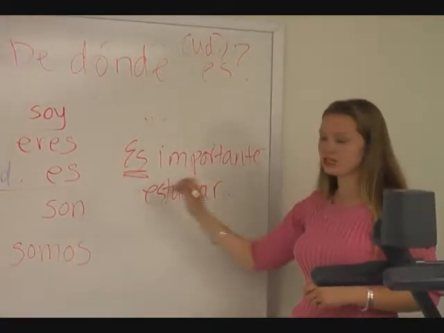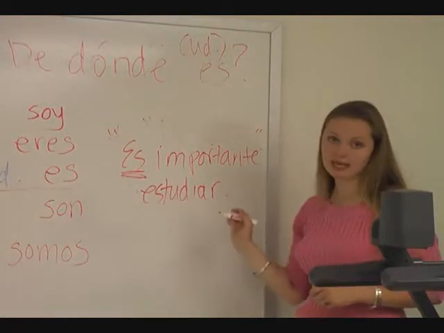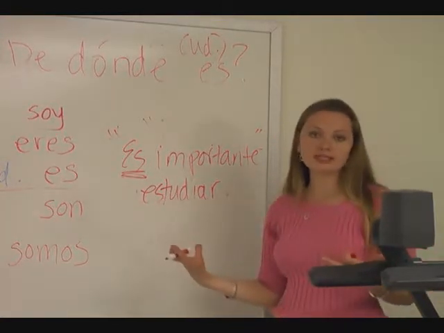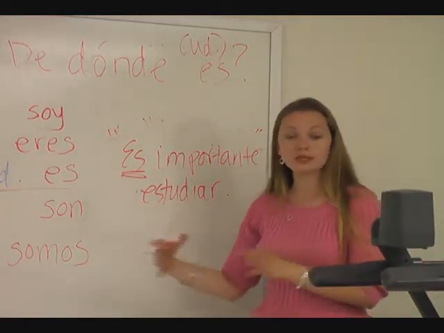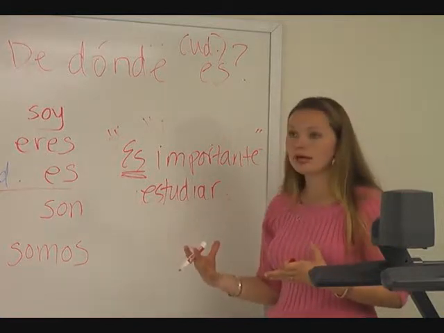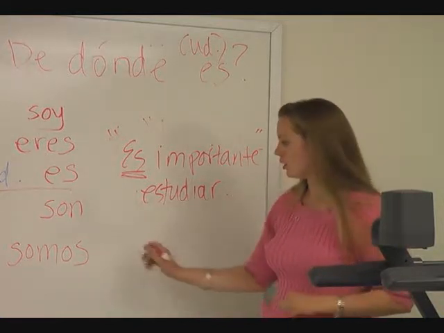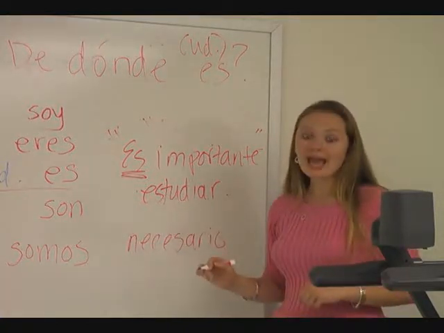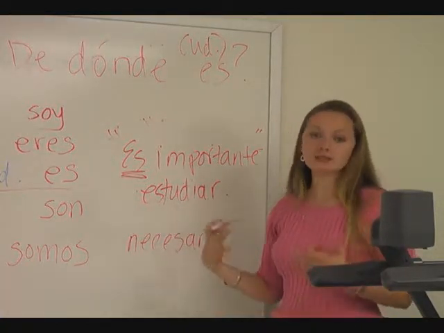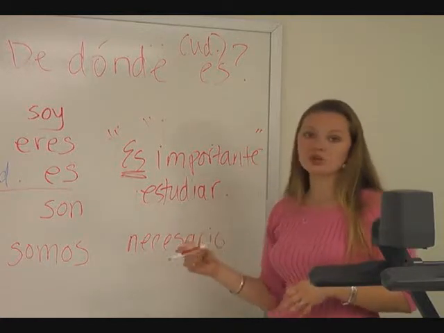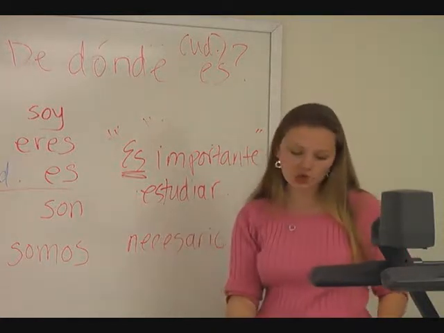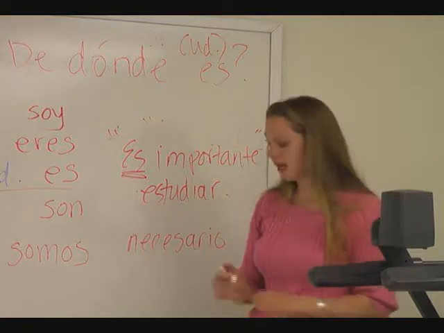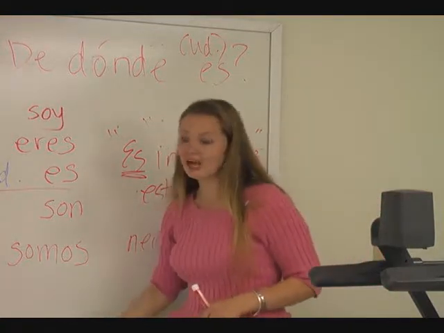This is a generalization. Es importante. There are several other generalizations that you'll become familiar with as we continue studying. Por ejemplo, es necesario. It's necessary. Es posible. It is possible. Todas estas son generalizaciones.